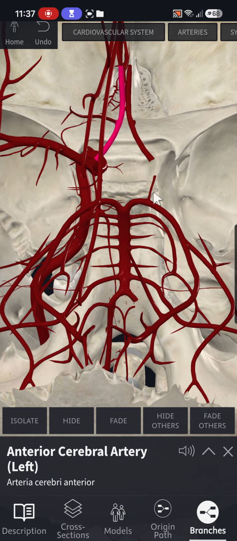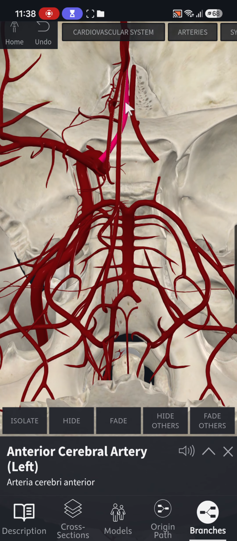It's the posterior communicating arteries that come out of the posterior cerebral arteries, that communicate with the internal carotid. And then we have an anterior communicating artery, which communicates the anterior circulation of the left and right side of the brain. It's this small section that connects between the two anterior cerebral arteries. So this is the circle of Willis.